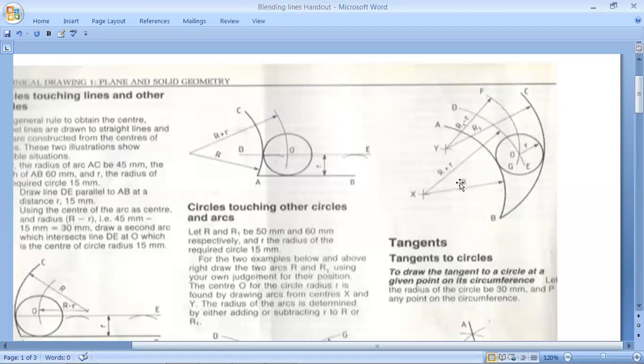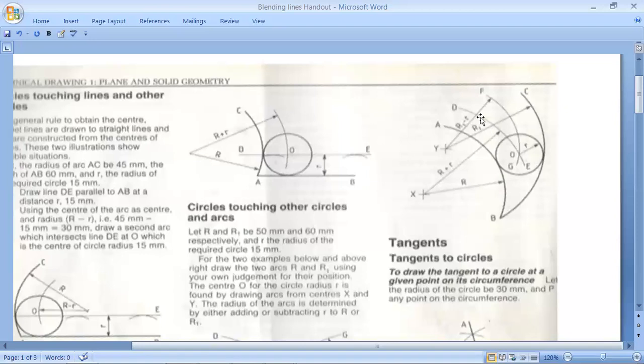For this particular case, following the rule that we just previously explained, this circle here is tangent to this circle required by the outside. For this particular case here, we say the radius of this one plus the radius of the circle that we want.